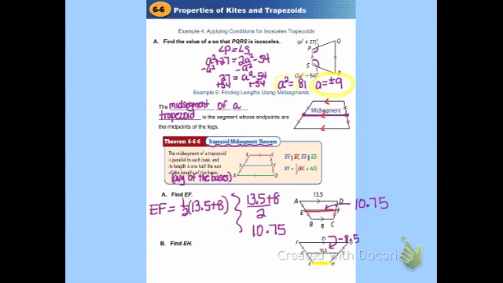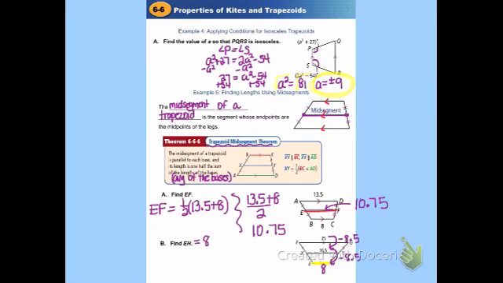If that trend continues, which it should if that's the mid-segment or the midpoint of the figure, and I went down another 8.5, I would be at 8 units. And so I'm going to say that I think the length of segment EH is 8.